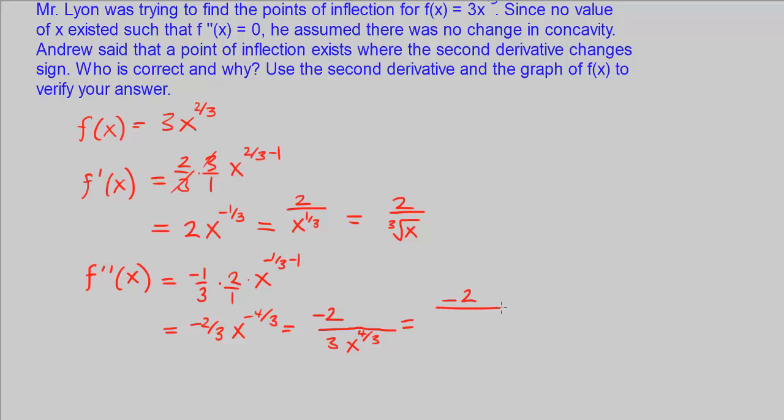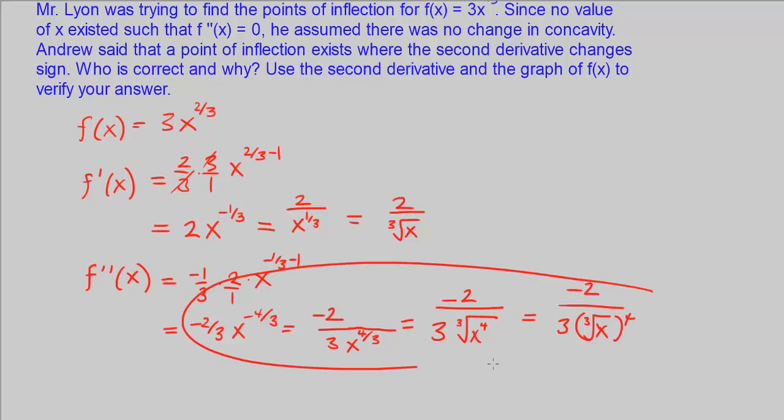This is negative 2 over 3, and this can either be the cube root of x to the 4th, or negative 2 over 3, the cube root of x to the 4th. These are all the same, and I just want to show different representations.